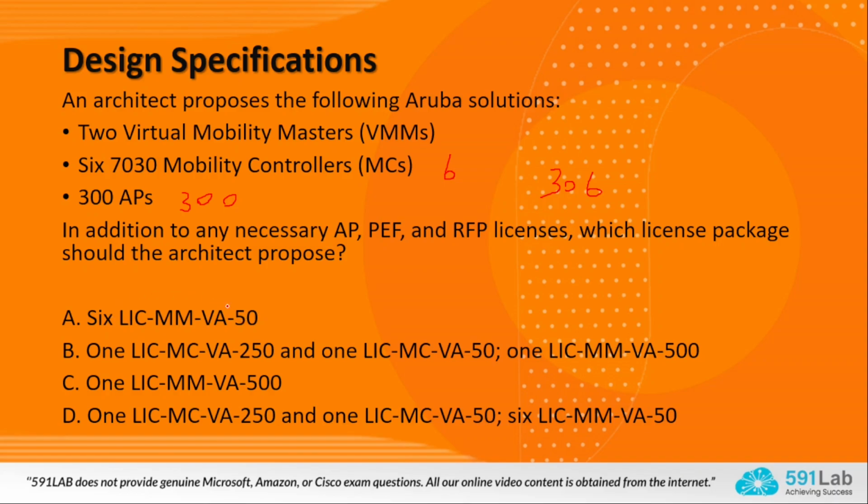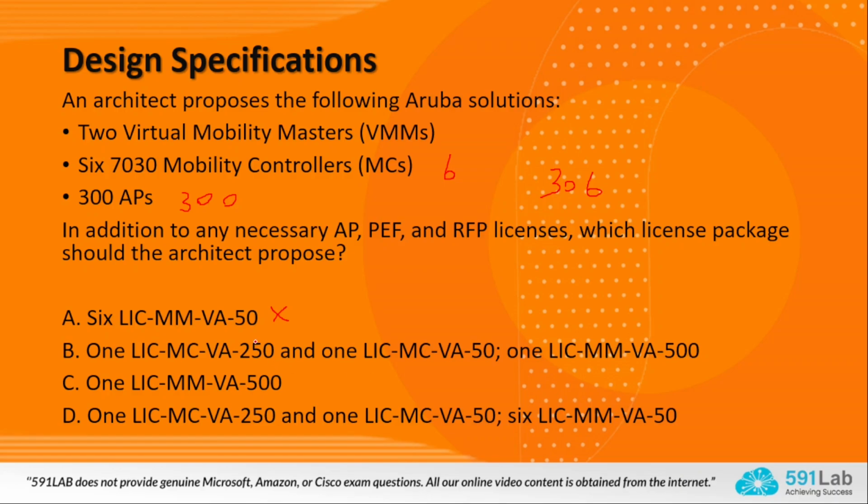So 6 into 50 means 300. So it supports up to 300 managed devices. But we need to manage 306 devices. So this is not correct. Option B, 1 LIC MCVA 250 and 1 LIC MCVA 50 and 1 LIC MMVA 500.